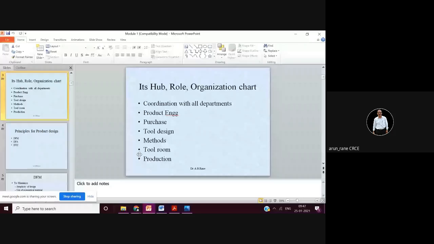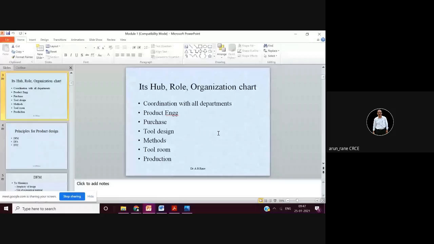So a typical organization will have a marketing department and a sales department. You know the difference between sales and marketing. In sales, you already have a market for a particular component, and you don't have to take any effort for selling.